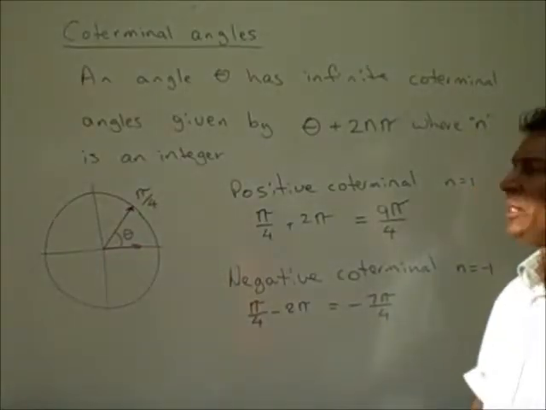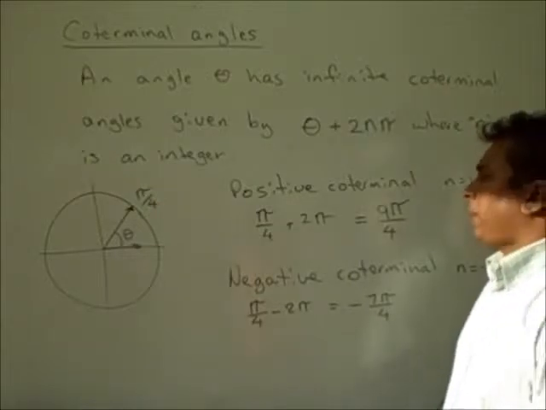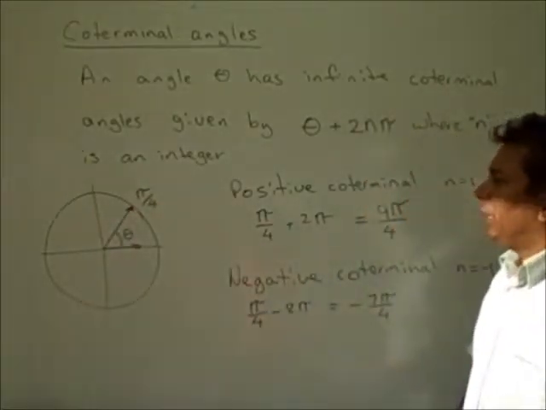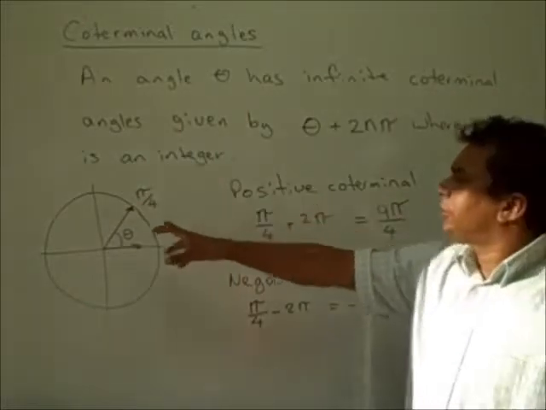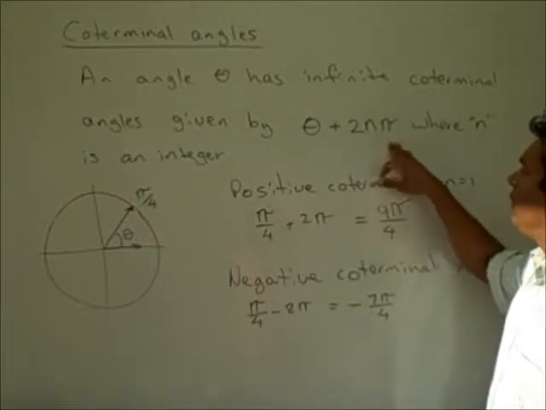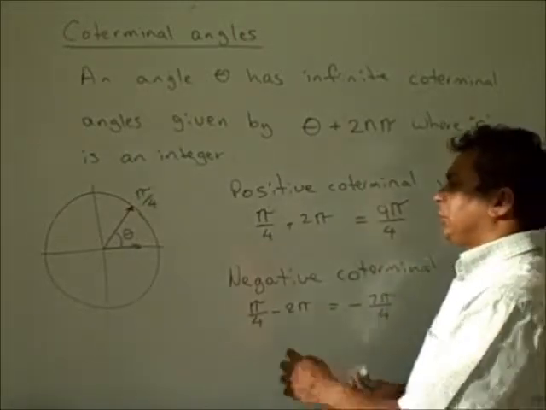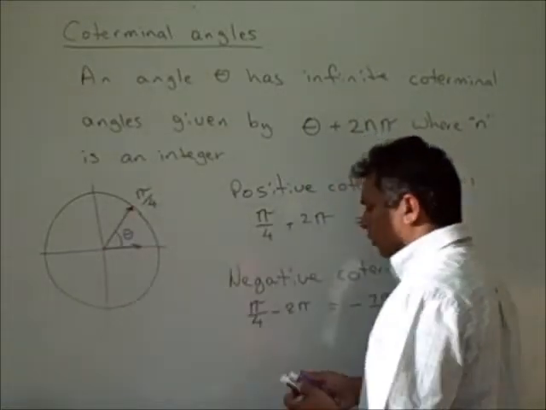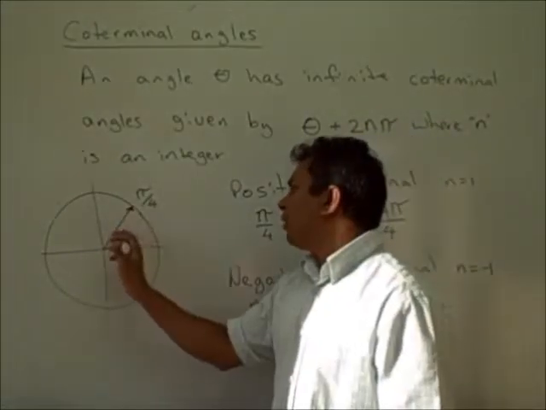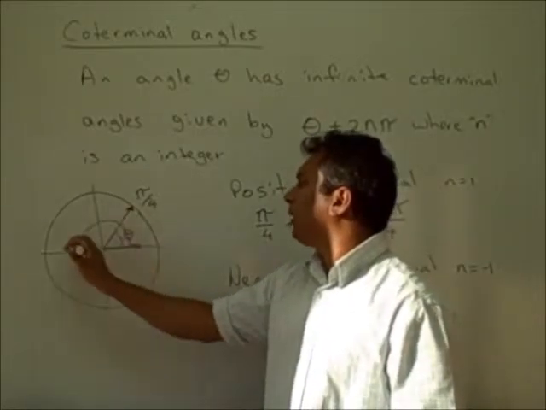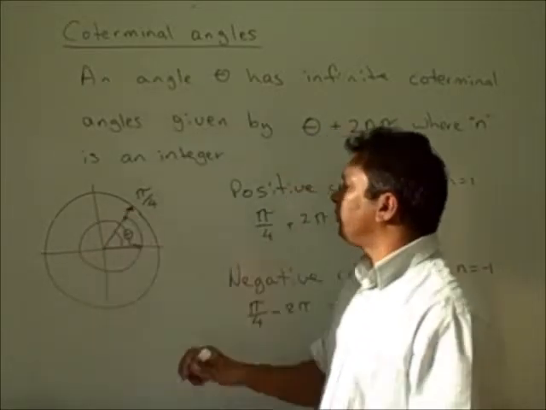Now let's get back to coterminal angles. An angle theta has infinite coterminal angles, given by theta plus 2n pi, where n is an integer. So if this is our theta, which is equal to pi over 4, we can find another coterminal angle which has the same initial and terminal side by making one revolution.